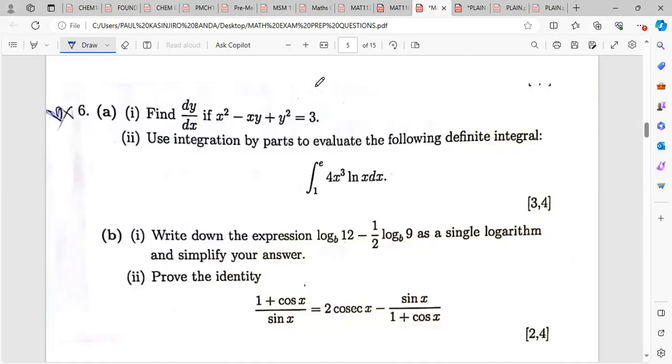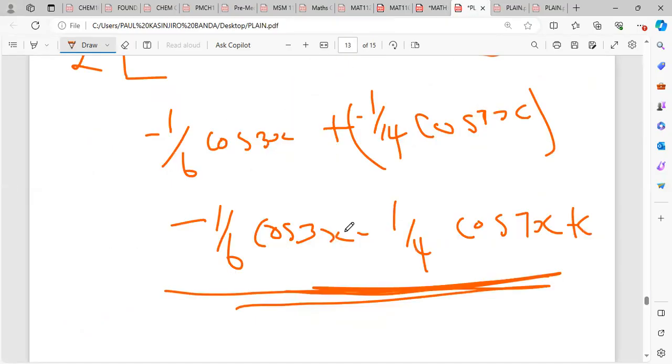Let's go there. We want to find dy dx. You go on your board and write the given equation, x squared minus xy plus y squared equals 3. For the terms with x, you find the derivative the usual way: you drop the power in front, then reduce it by 1.